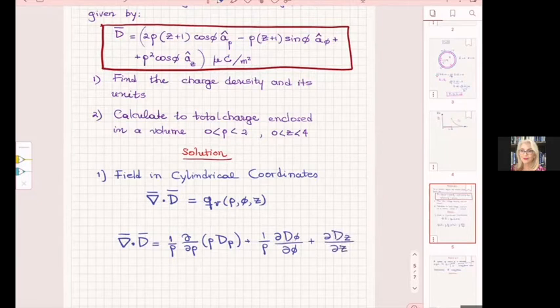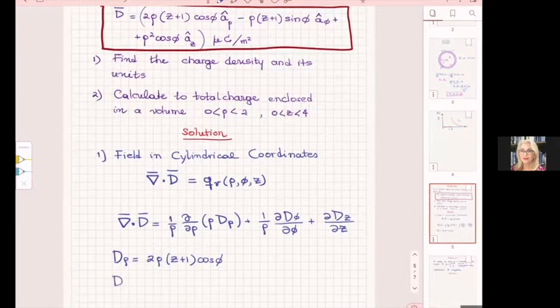Okay, which one is D rho? D sub rho is 2 rho squared (z plus 1) cosine phi.